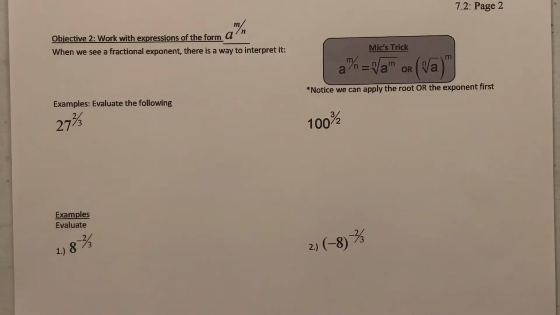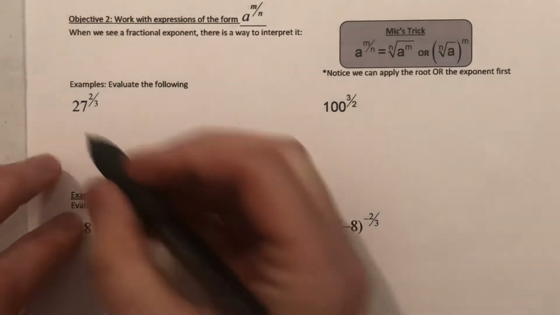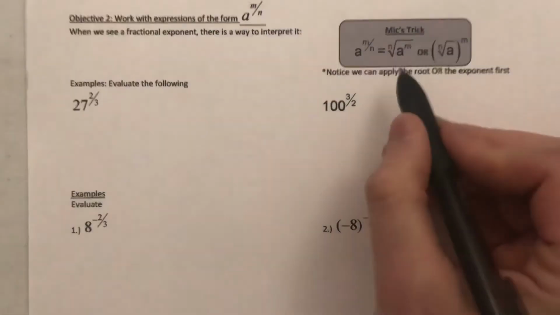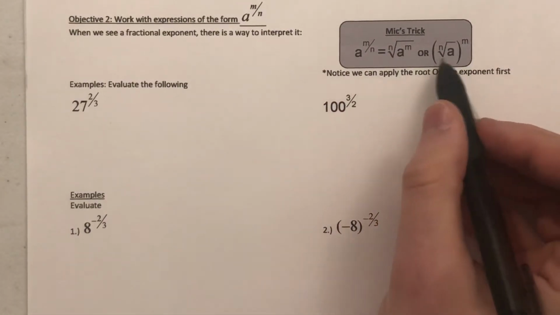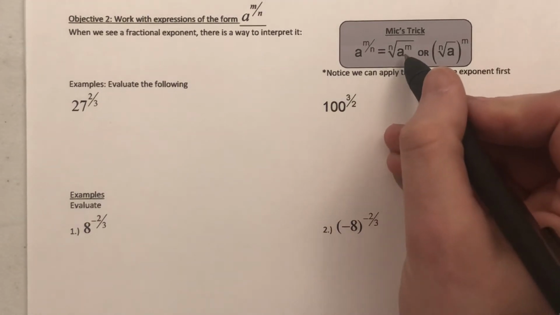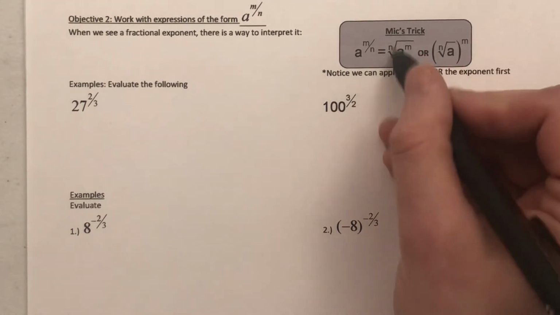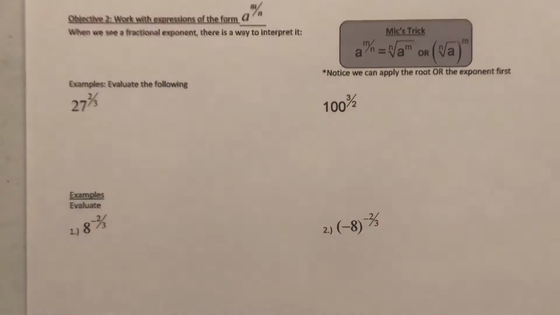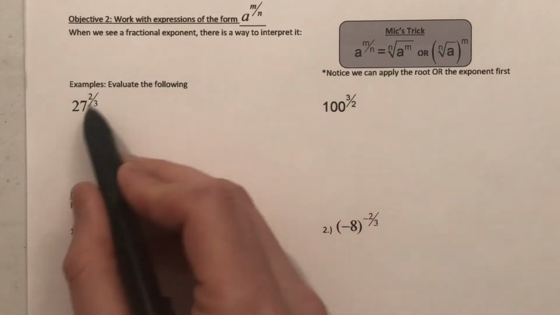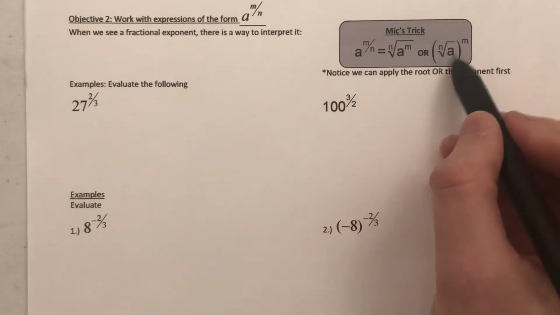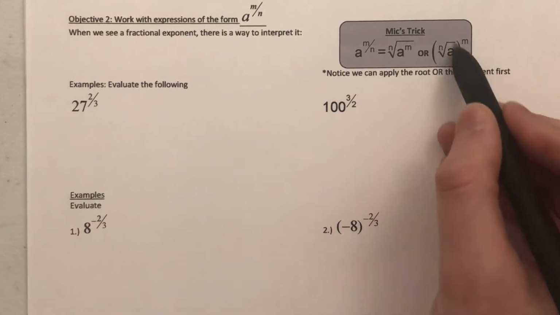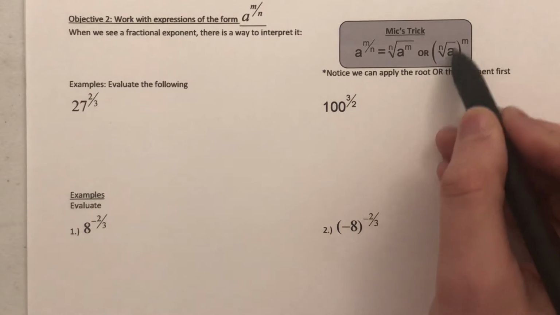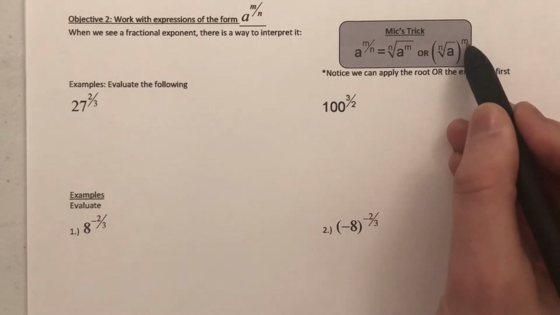So with that said, we can now take a look at something like 27 to the 2/3. Now I'll point out, with these two notations, notice what we're saying is you could take your base to a power and then take the root of it, or take the root of it first and then take the power. Well, when you're working with numbers, it's much simpler to make a number smaller by taking its root first and then raising it to a power.